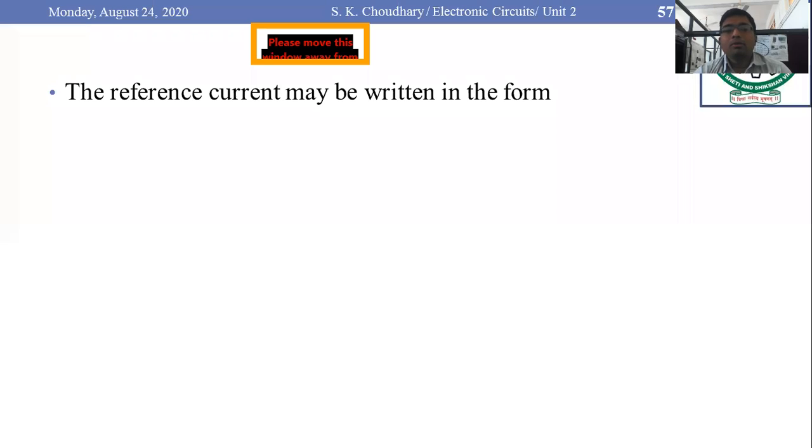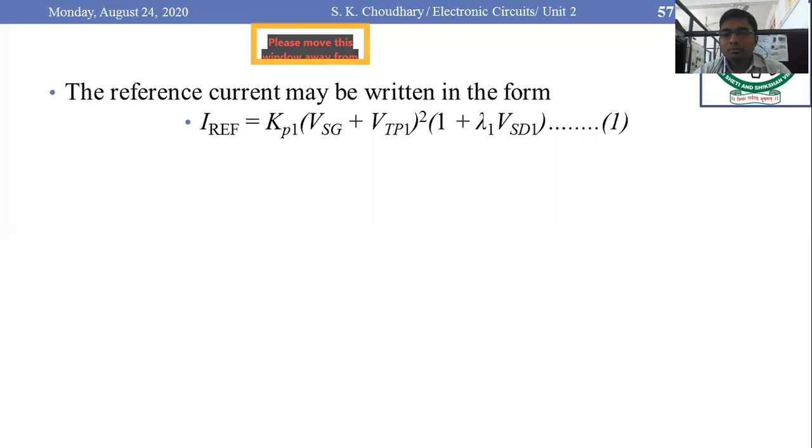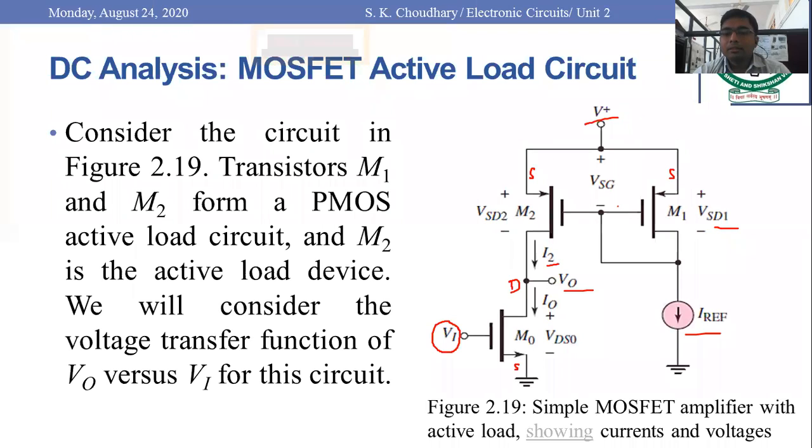First of all, the reference current may be written in the form of, one more thing, looking at the circuitry, we would consider M0 in the saturation region, as well as the loads M2 and M1 also in the saturation region.